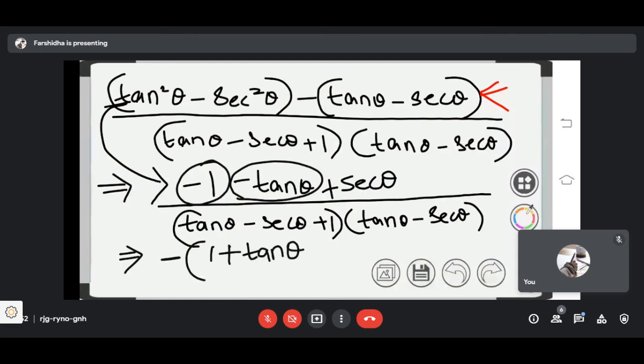Now, minus sec theta, I can write as minus sec theta inside. Why? Because I have taken the negatives of all the terms outside. So inside the bracket, sign changes. So once we remove this bracket, again sign changes. It comes back to the normal sign.